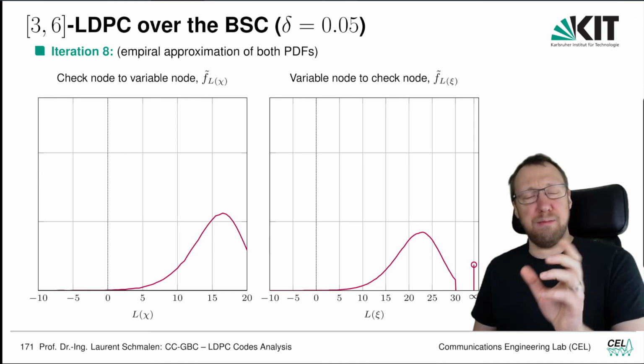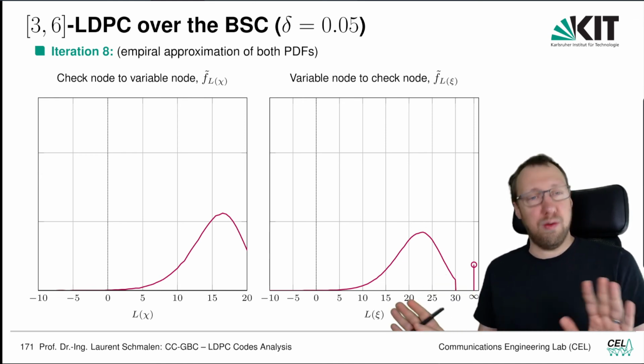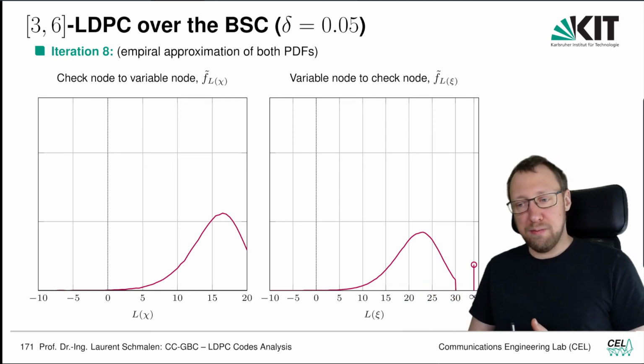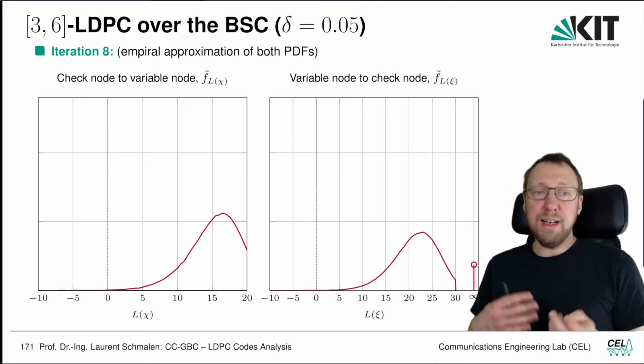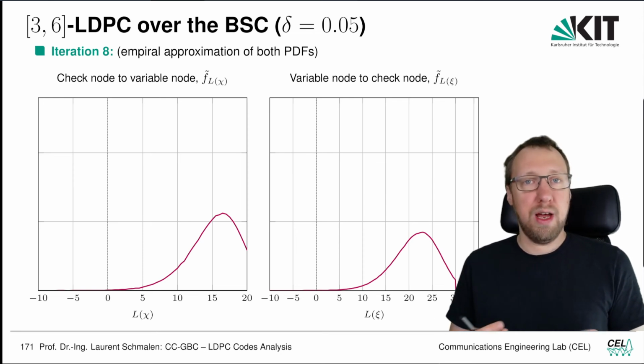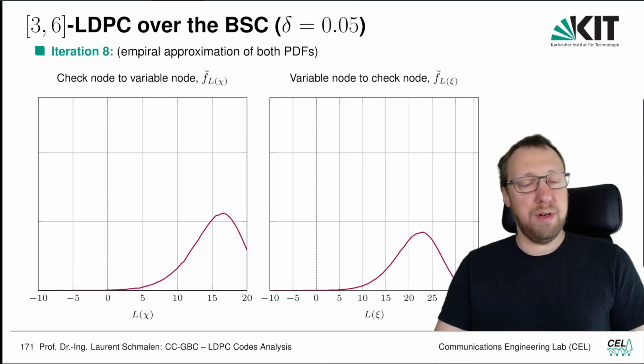So we make some mistake in the first iteration where the approximation is completely wrong, completely off. But after a few iterations, the Gaussian approximation starts to hold. And then it's actually quite a good approximation, and we can use it successfully to model the behavior of the decoder.